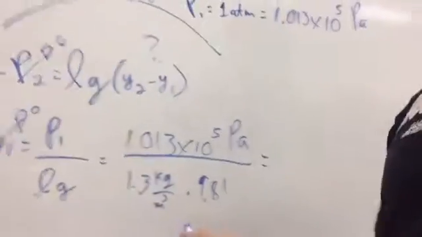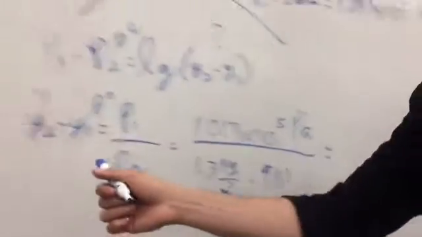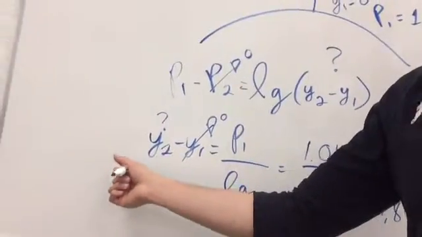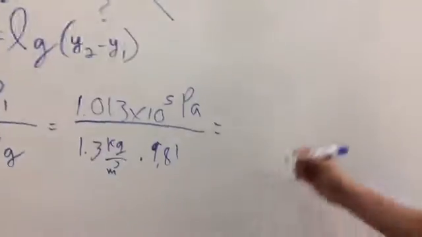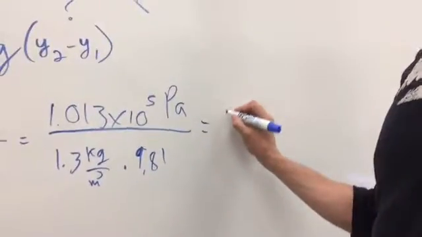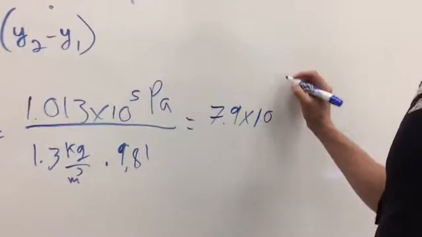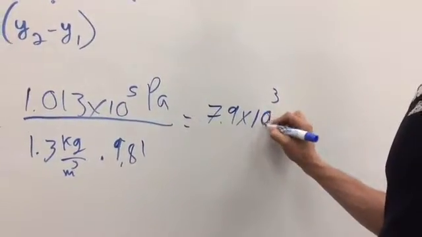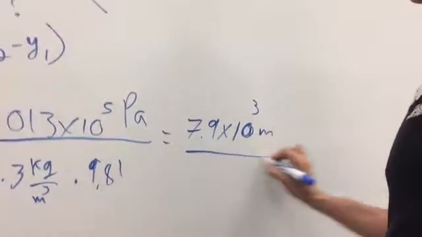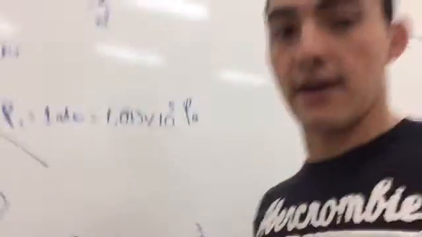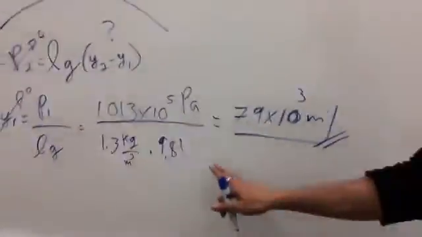As we solve this, we get that y2 is equal to 7.9 times 10 to the 3rd meters, which is about 7 kilometers. Now we have the first part.